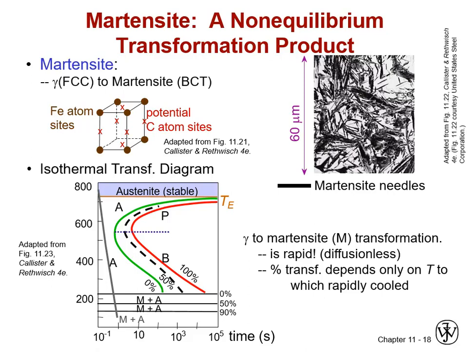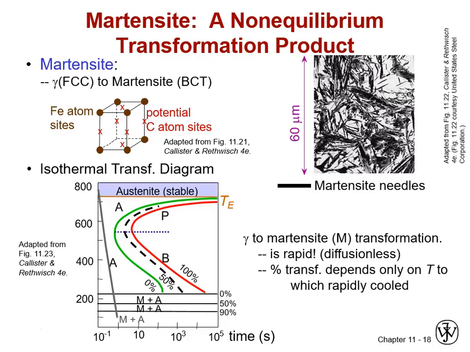It's specific to a particular alloy composition and prior austenite time temperature treatment. In this case, we're looking at our diagram on the lower left, and we're starting at the top of our gray line at 800 degrees C, and we are going to cool very rapidly.